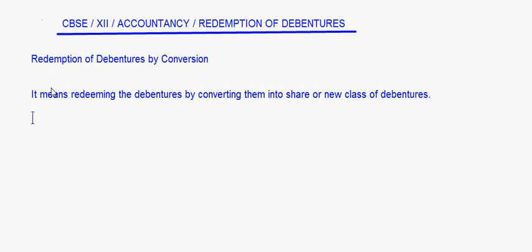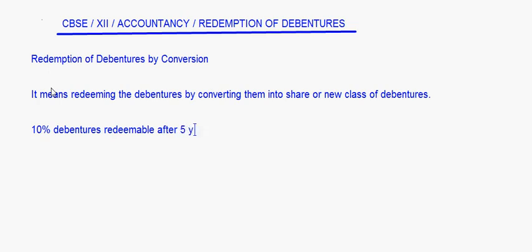So these debenture holders who want to exercise the option of conversion are not paid back the amount as such, right? What redemption for them means is their debentures are redeemed by converting them into shares or maybe a new class. So supposing someone is holding let's say 10% debentures, redeemable after 5 years.